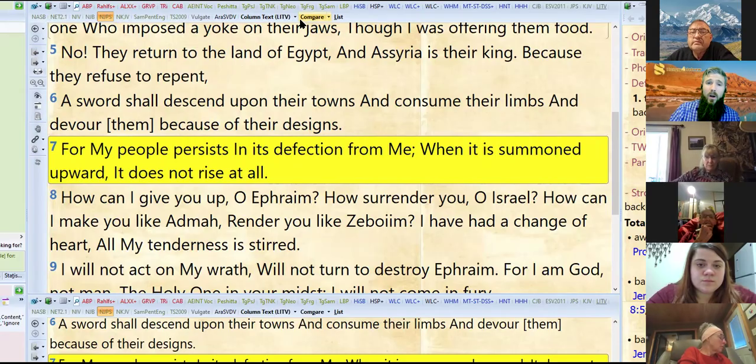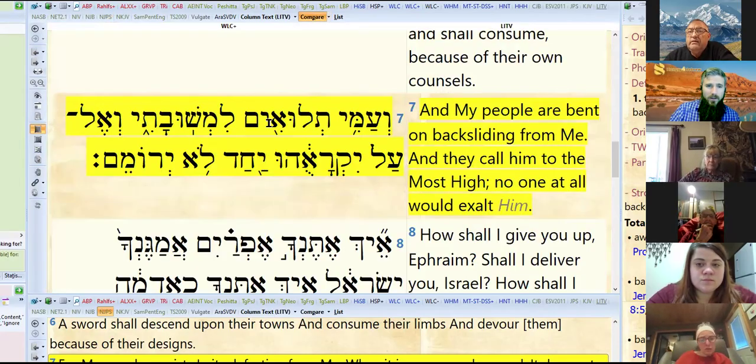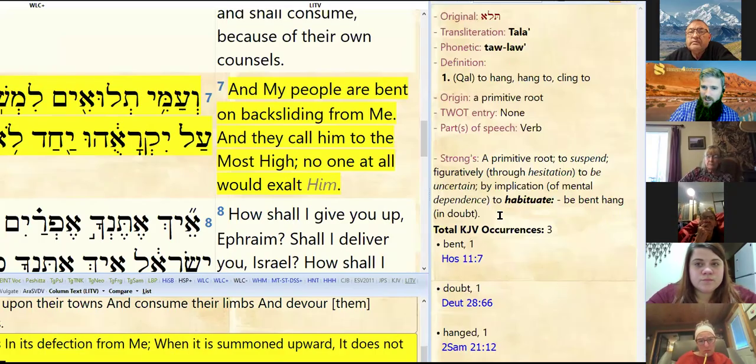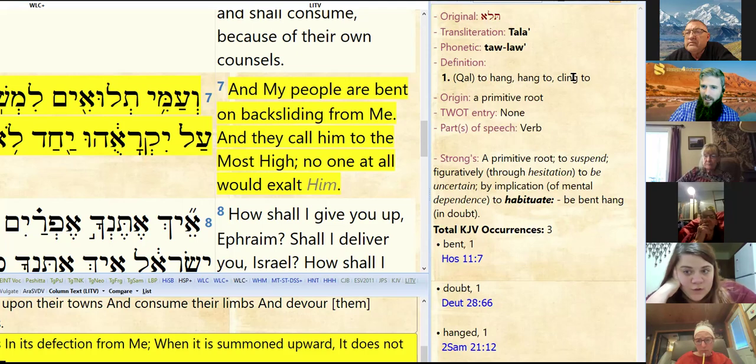So why didn't we look at the word tala and how often it's used in the Bible? There was a question about it earlier. That's why, because it's used 3 times in the whole Bible. No wonder. Okay, so it appears that it's related to the Tav Lamed Yod in the sense of hanging or clinging. Okay, fair. So maybe it is related to the Tav Lamed Yod.